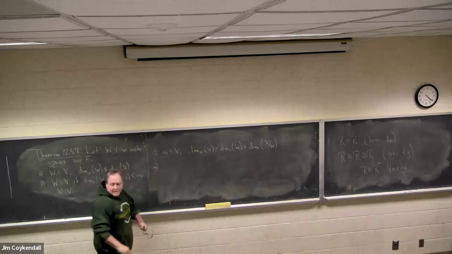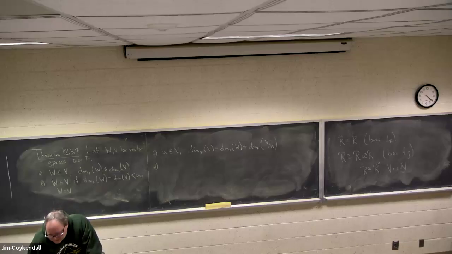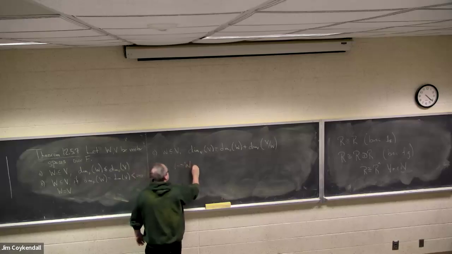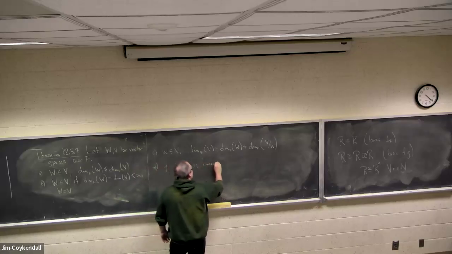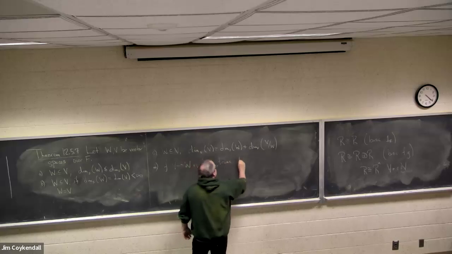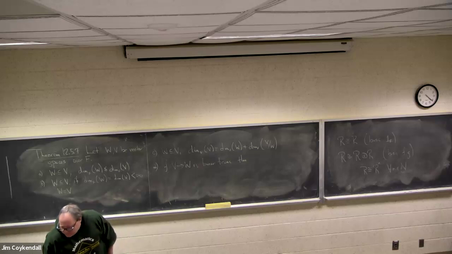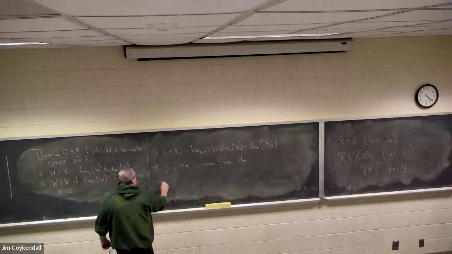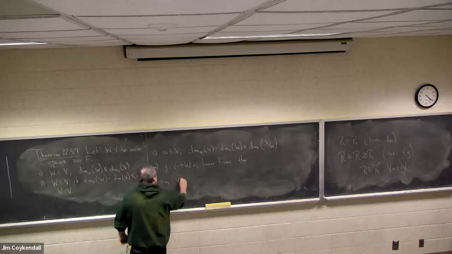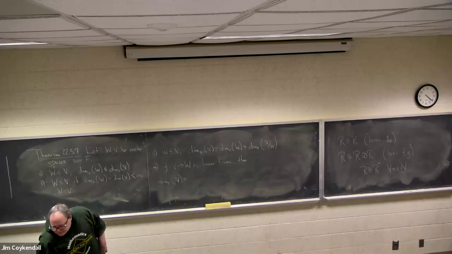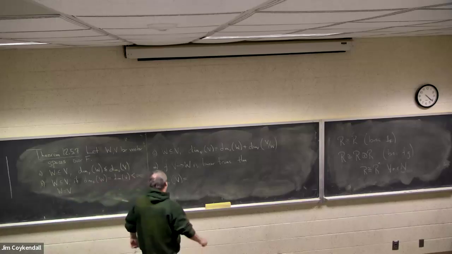D, if f from V to W is a linear transformation, then the dimension of V is equal to the dimension of the kernel plus the dimension of the image.